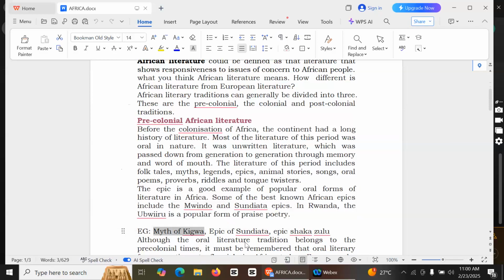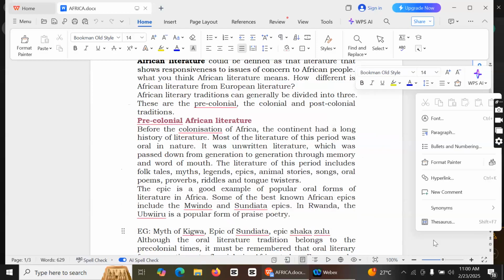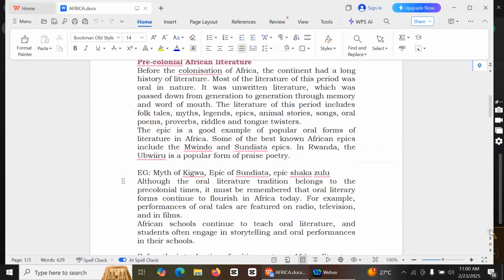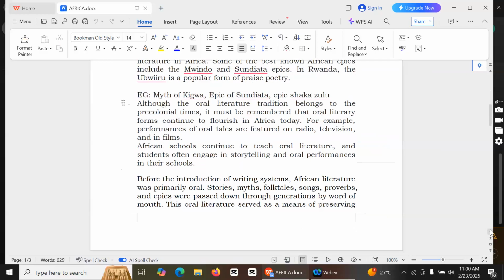Not only that, but we also have to ask ourselves, does oral literature disappear from now? The answer is no, because we still have surviving oral literature in Rwanda, for example, or in Africa. We can see performances of oral tales on radio, television, and even in films.